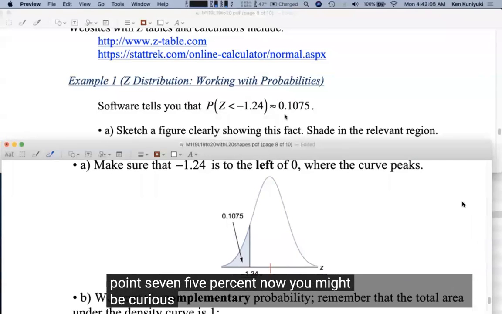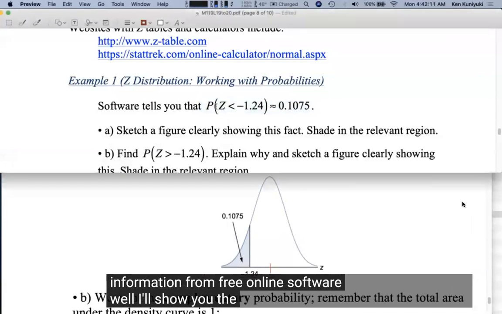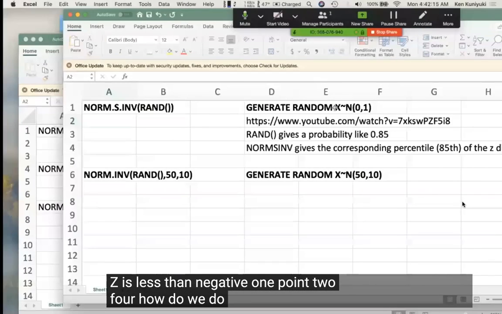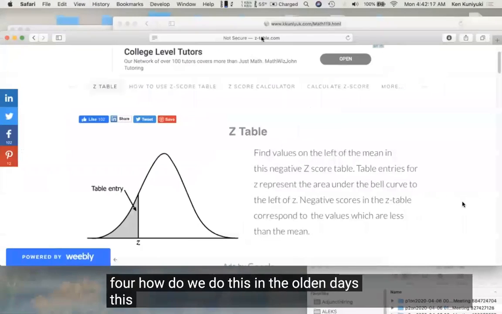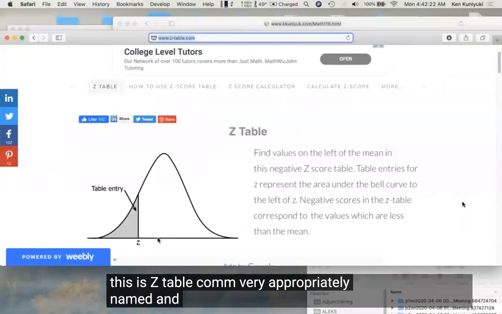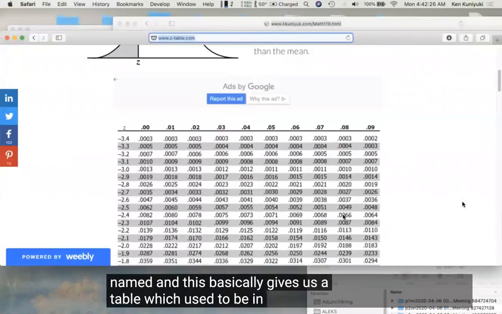Now, you might be curious how you can get this information from free online software. Well, I'll show you. The probability that z is less than negative 1.24. How did we do this in the olden days? This is ztable.com, very appropriately named. And this basically gives us a table, which used to be in the old school textbooks.